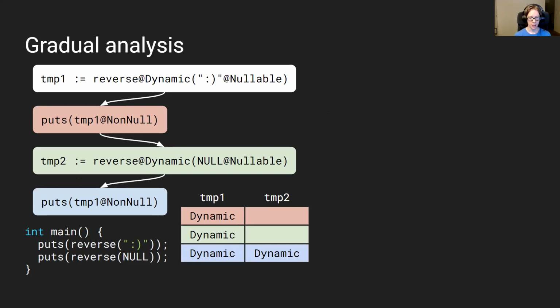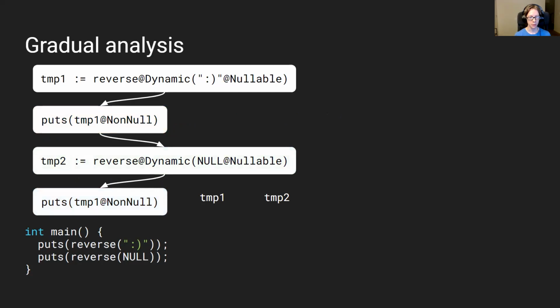So that means that is actually okay when we try to pass it to puts, because we're optimistically assuming that it actually is non-null, even though in practice this might turn out not to be the case. So this is nice because it means we don't give a false positive for smiley face, but it's not perfect because it means that we actually don't catch the seg fault for reverse, which is bad.